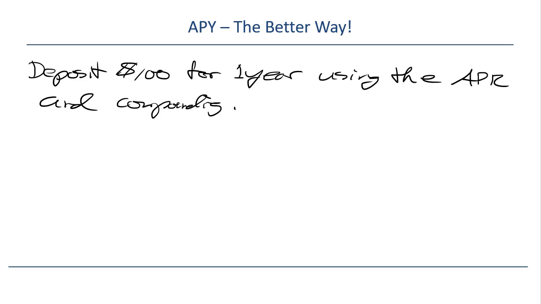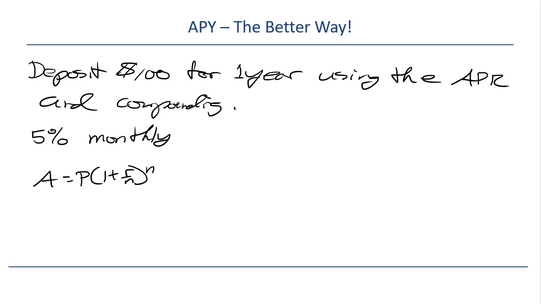So for instance, if they say, one of our previous examples, which was 5% monthly, all right, then we use our monthly formula. So we know that A equals P times (1 plus R over N) to the NT. That's our formula. We plug in everything we have.